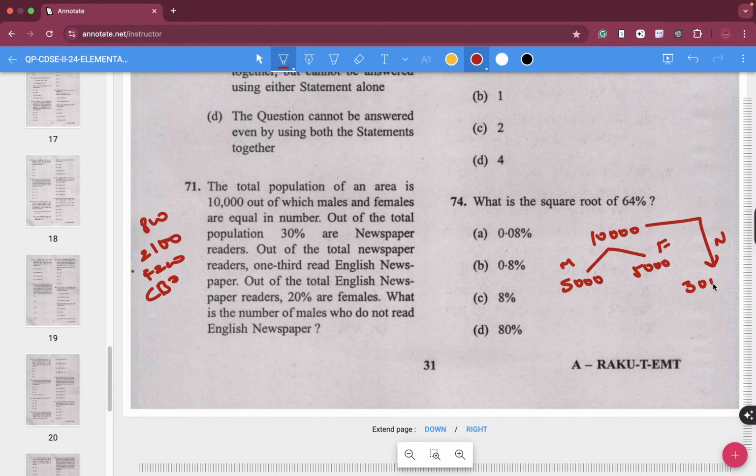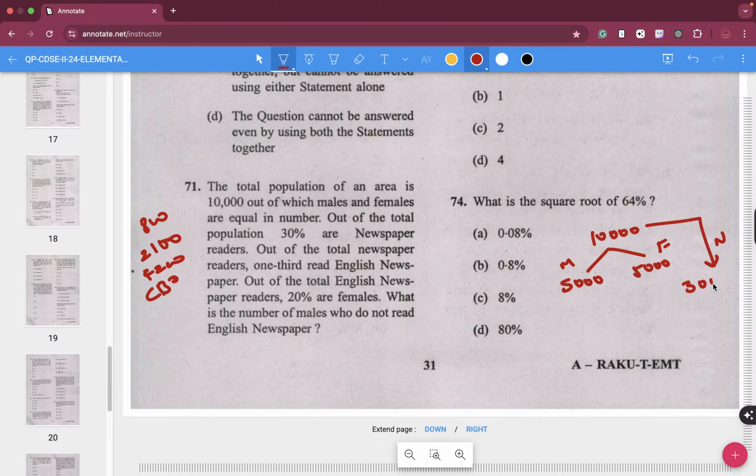How about this one? Question number 75. The difference of 10 raised to the power 31 minus 5 and 10 raised to the power 30 plus p is divisible by 3, where p is a digit. How many values of p are possible over here?